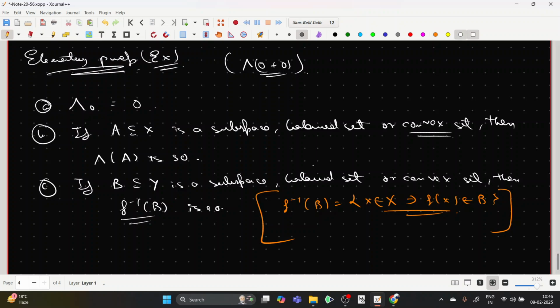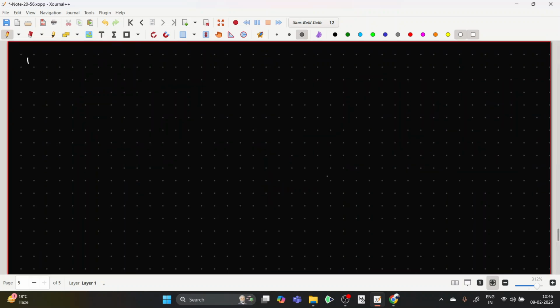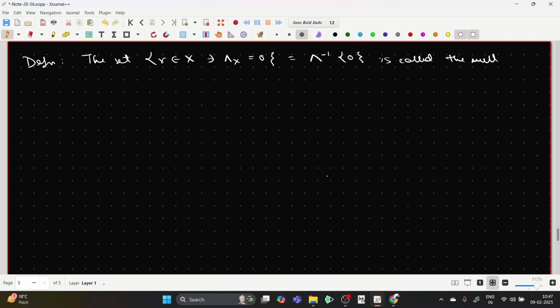Now let me define something very important as well, which also comes directly from the notion of vector spaces. The set of x in X such that lambda x equals 0, which can also be thought of as the inverse image of the singleton set {0}, is called the null space of this map lambda.